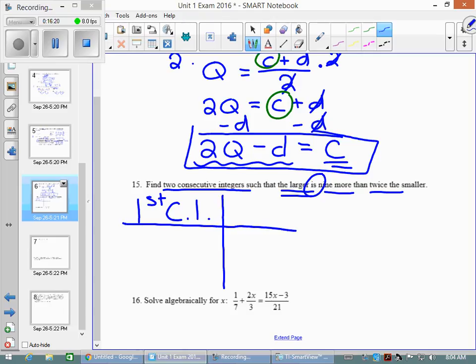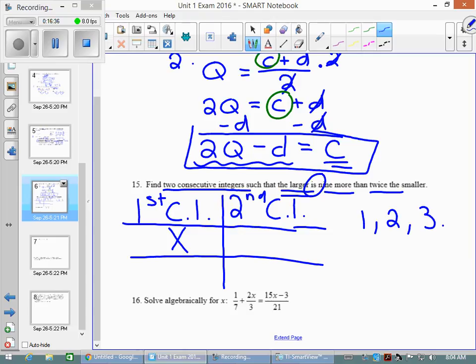Now we're talking about consecutive integers, so if x is my first consecutive integer, to get from one consecutive integer to the next one, so I'm talking about numbers like 1, 2, 3, these are my consecutive integers. To get from one to my next one, I'm just going to add 1 each time. So to set up this second consecutive integer, it's just going to be x plus 1.